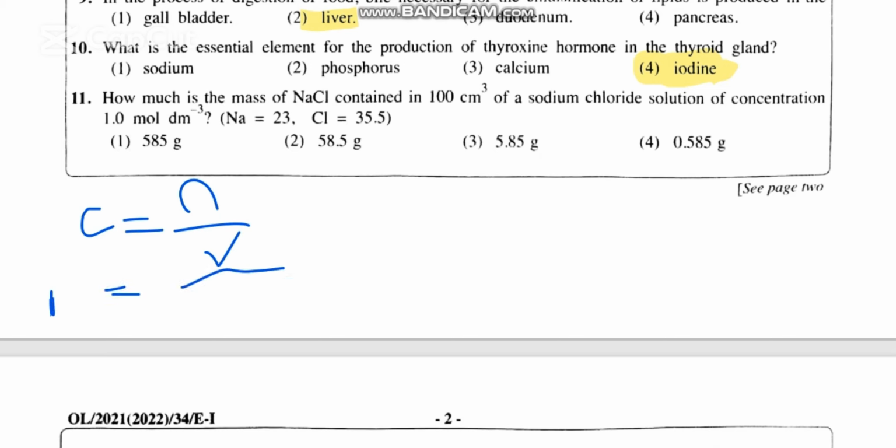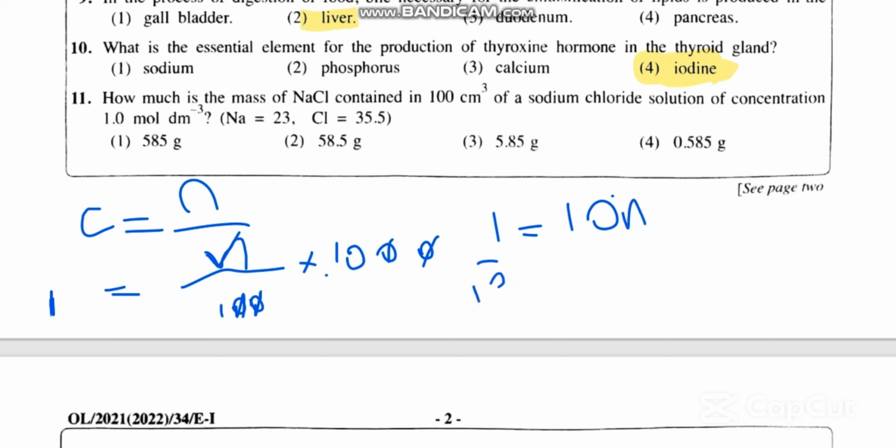We don't know the number of moles, but the volume is 100 cm³. If you want it in decimeter cube, you have to divide it by 1000. Then you can cut the zeros. Then here is n. n into 10 is 10n. That means 1 is equal to 10n.